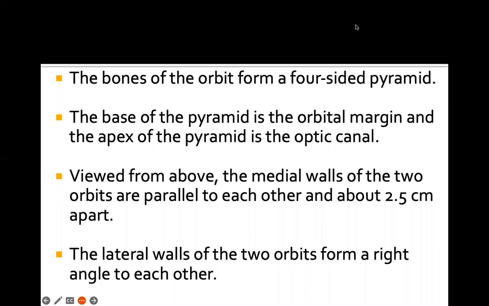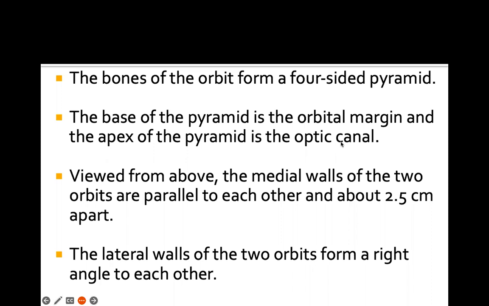So one of the things you are going to use your knowledge of a pyramidal shape for is to note the base. So the base of the pyramid is the orbital margin. So that is one point. Then you also have the apex. Apex of a pyramid is the optic canal.